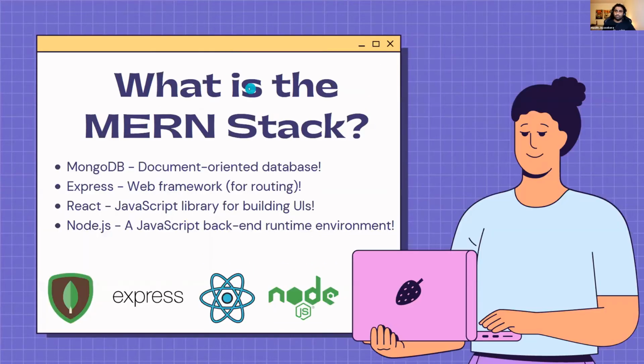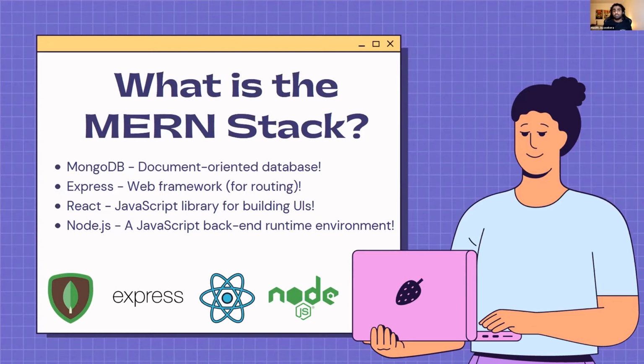So what is the MERN stack? Like we said, it consists of both front end and back end technologies, a full stack application. MERN represents different things in our tech stack. MongoDB, that's our database. It's an interesting sort of database technology because it's document oriented, unlike most relational databases. So that's what we're going to be using as our database. We're also going to be using Express, which is a web framework.